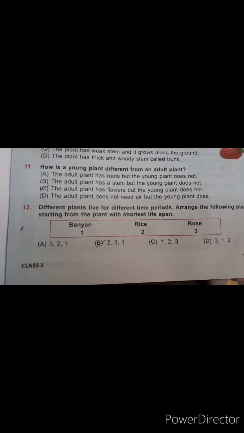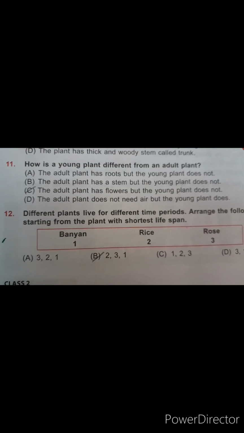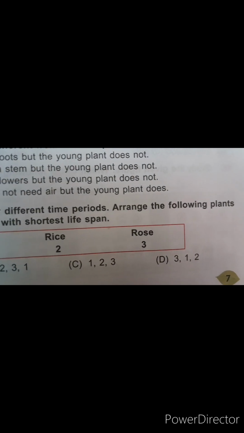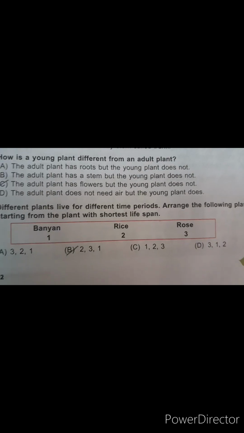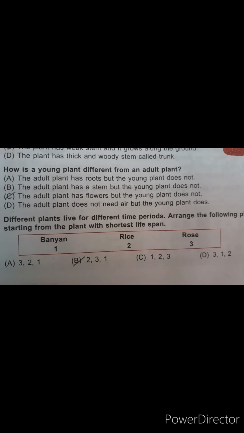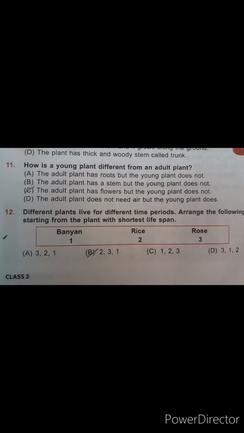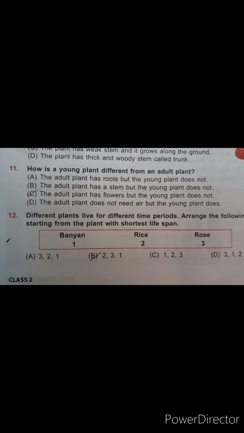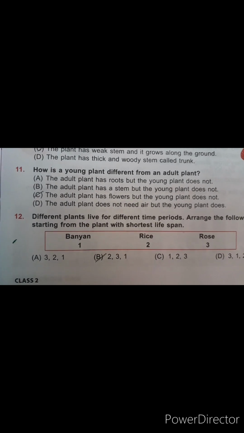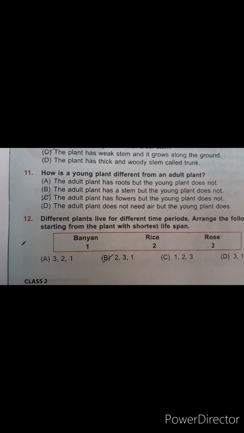Why? Because a tree can live for hundreds of years, whereas a rose plant can live for a few years. But a rice plant has a life of only a few months. The answer is 2, 3, 1. Rice, rose, banyan. Rice for a few months, rose for a few years, banyan for hundreds of years.